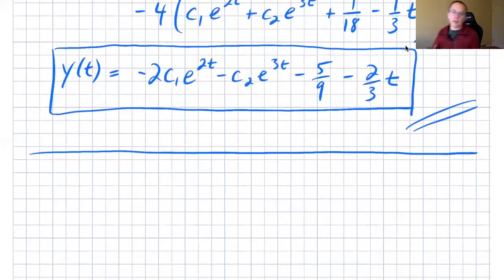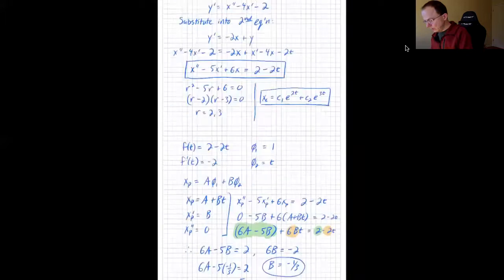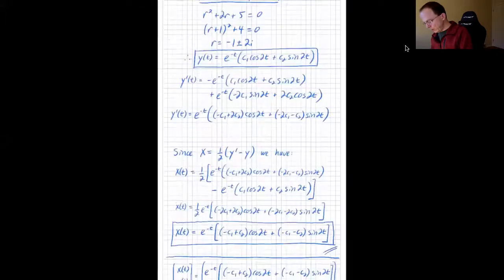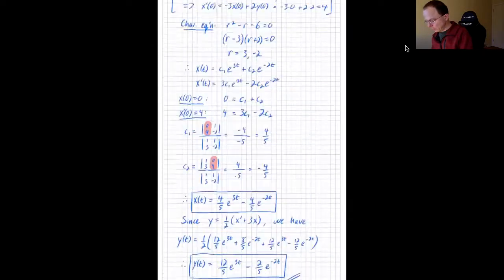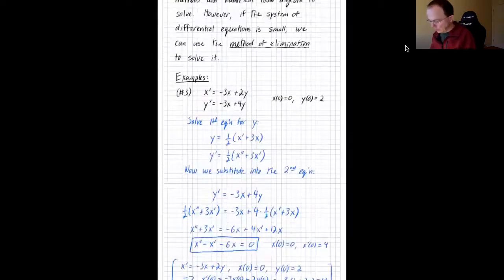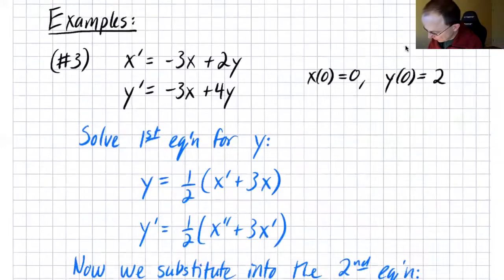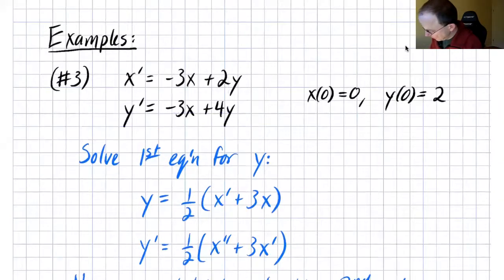Perfect. Okay, so one more thing I wanted to do was, if you really like Laplace transforms, let's see if we can just use Laplace transforms to do this. Now, even without initial conditions, there's no reason why we couldn't use Laplace transforms as well. So let's go back and visit this example.